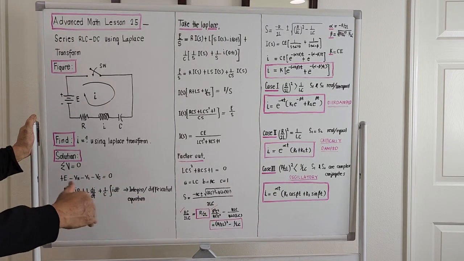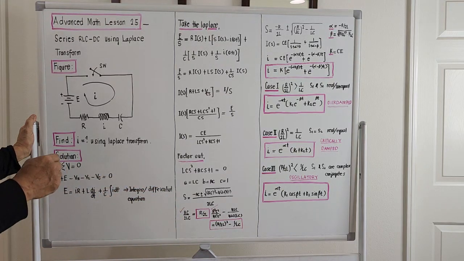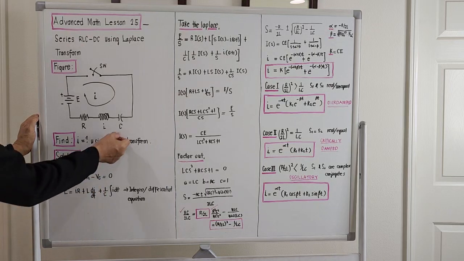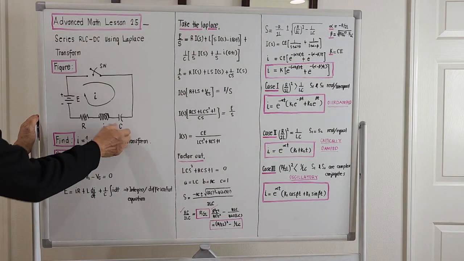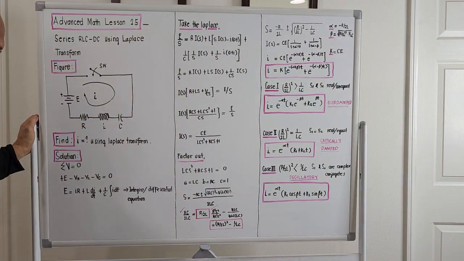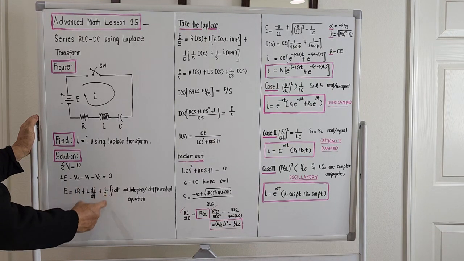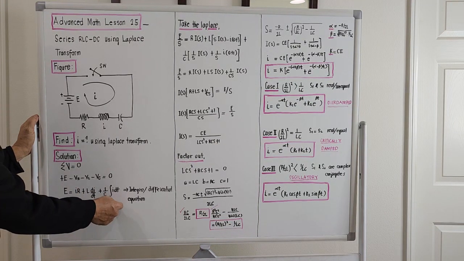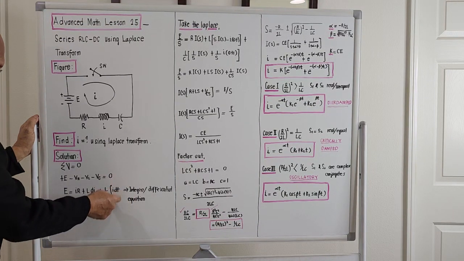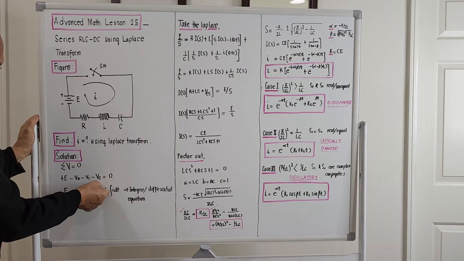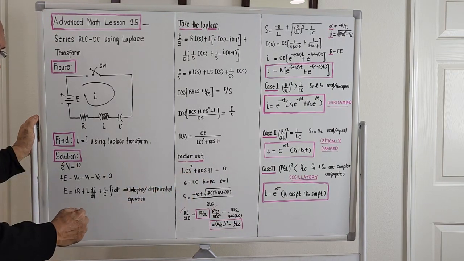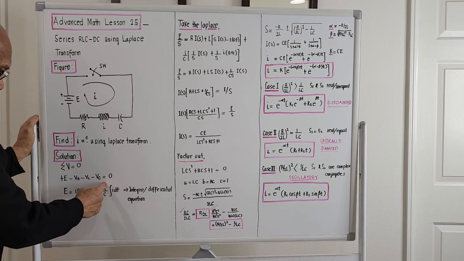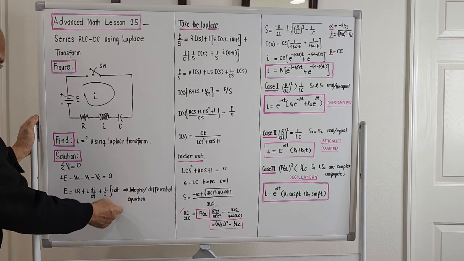For a coil, the voltage will be L di/dt, okay? And for the capacitance, we have passed by this already from the previous discussions. It should be 1 over C, the integral of i dt. The integral of i dt is the charge, and the charge over the capacitance is V sub C. But in terms of the so-called integral formula, it will be 1 over C, the integral of i dt.